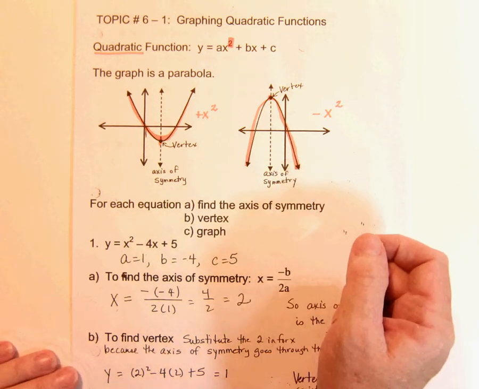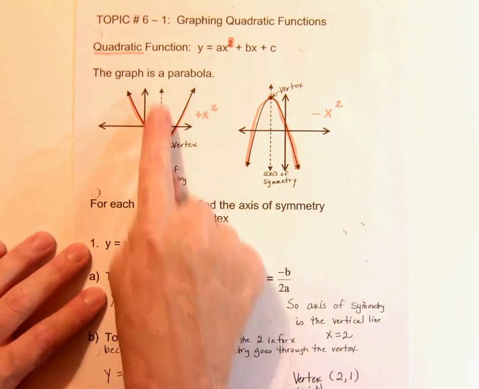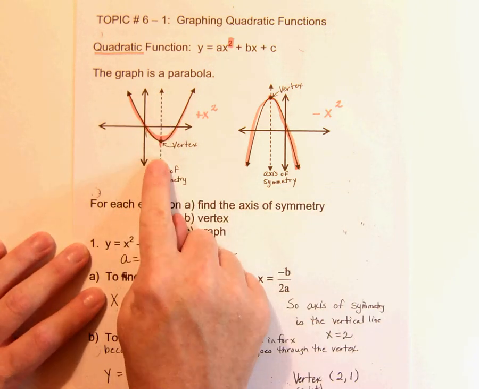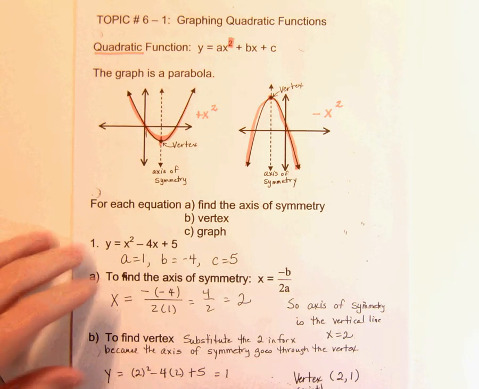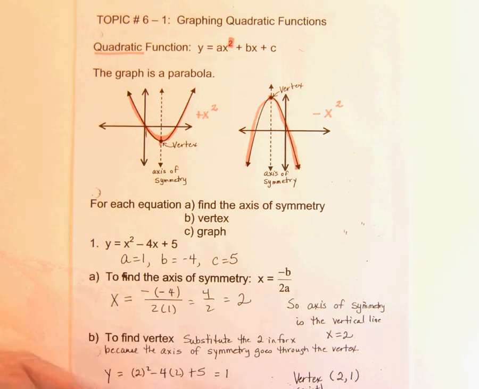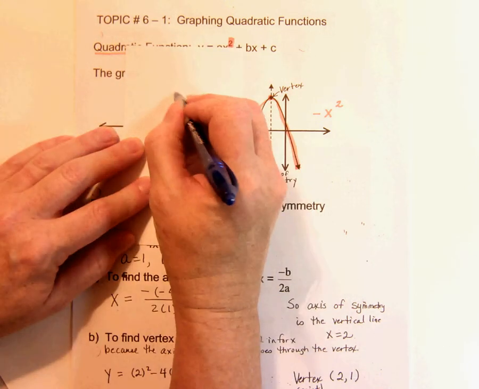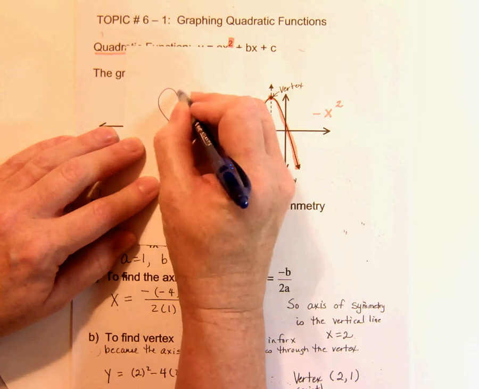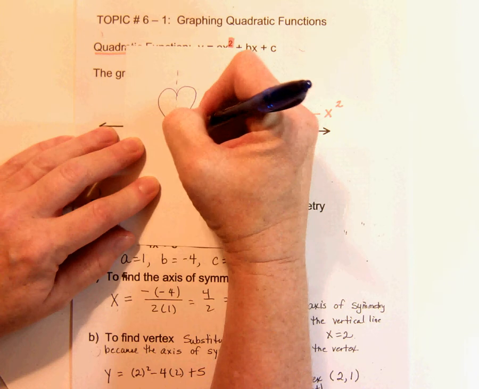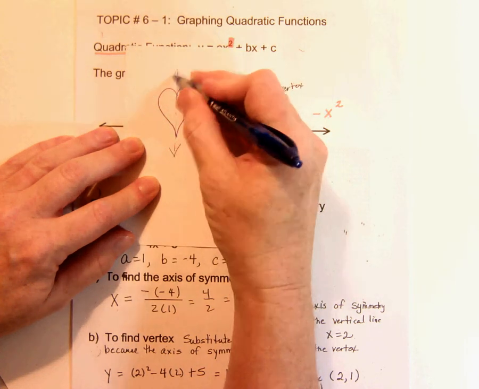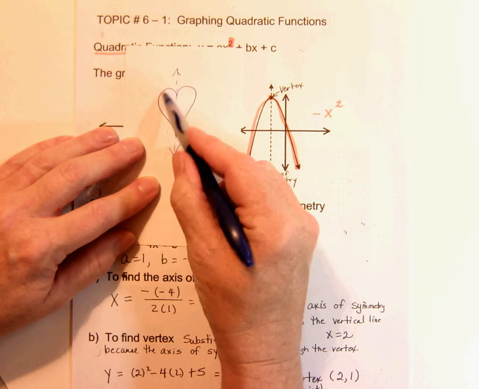Okay, the axis of symmetry. I probably should have a piece of graph paper to have done this, but if I were to draw just any picture, like a heart, the axis of symmetry is the line at which it could be cut in half, where we have equal parts on one side and equal parts on the other side.